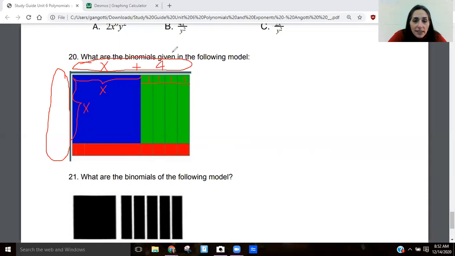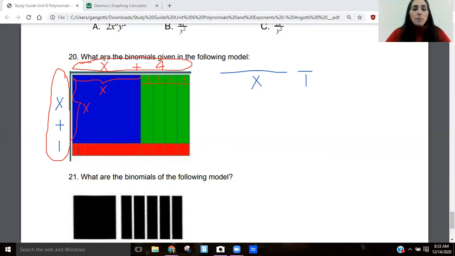You can't see that 1. I need to change my color. That's a 1 right there. So this would be x plus 1. Okay, so if it's long like this, it's an x. If it's a little short thing like that, it's a 1.